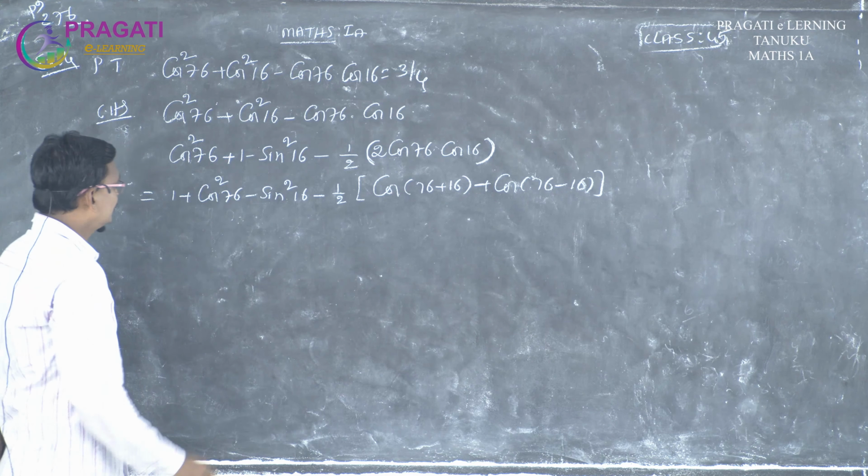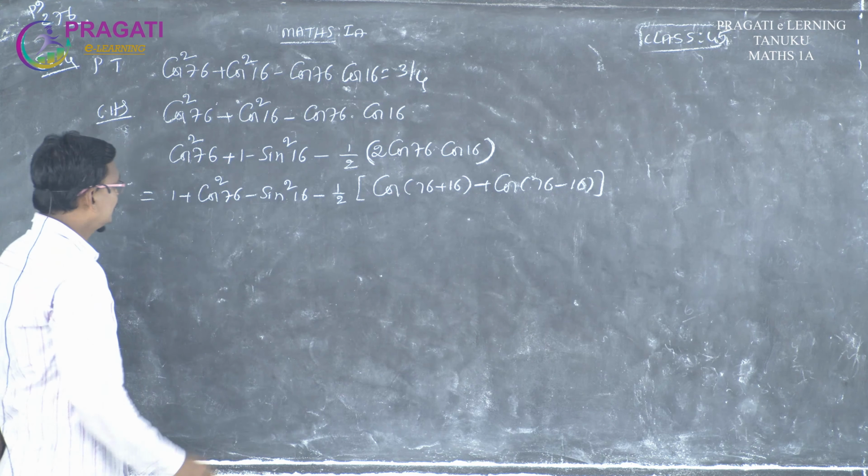Minus 1/2 times cos(76 + 16), adding those two angles, that means 92 degrees, plus cos(76 − 16), which is 60 degrees. Now 1 + cos(76 + 16), that is 92 degrees, times cos(76 − 16), 60.